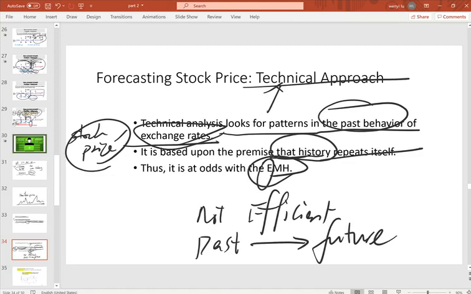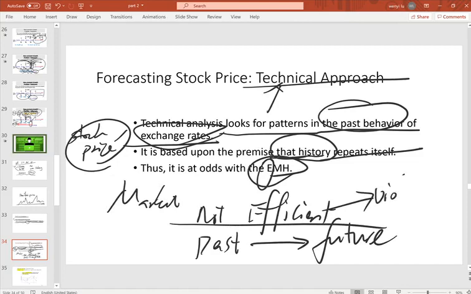So we assume our market is not efficient. This actually violates our assumptions in our finance course. That's why many professors try not to deliver this part. However, this part is actually very interesting and very useful when you do trading by yourself.